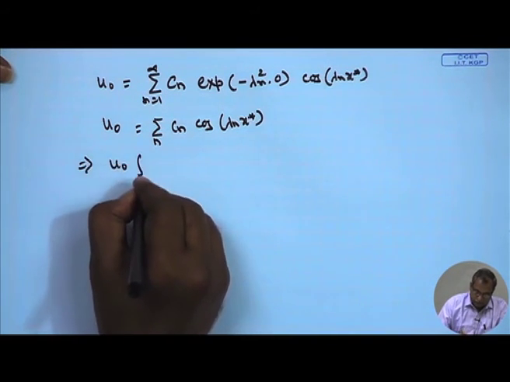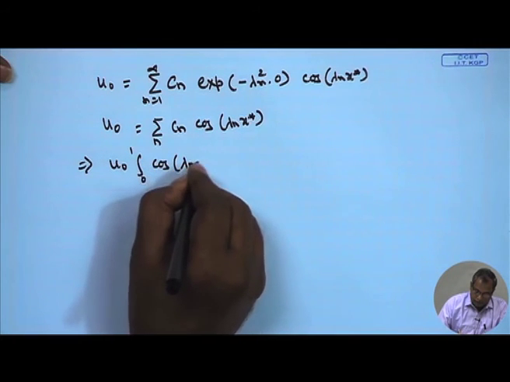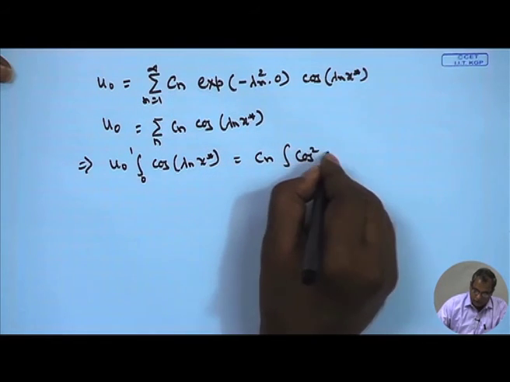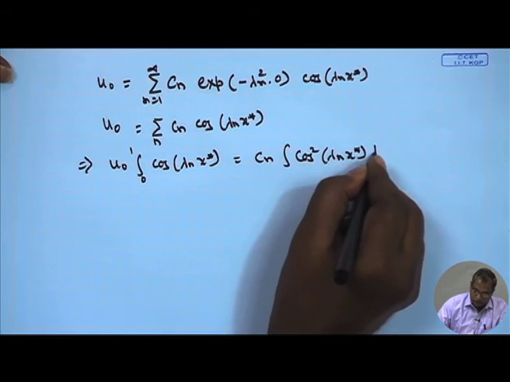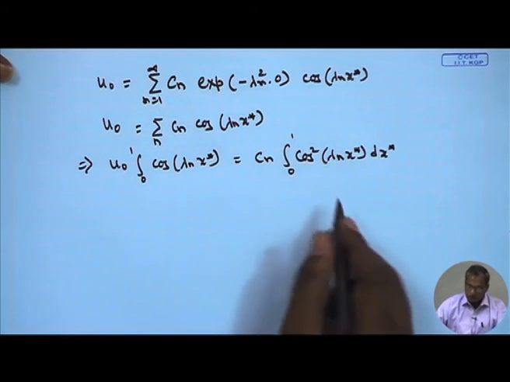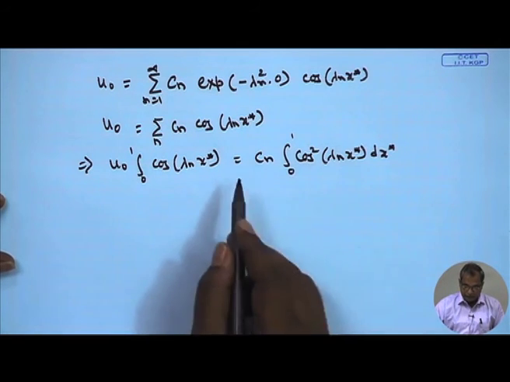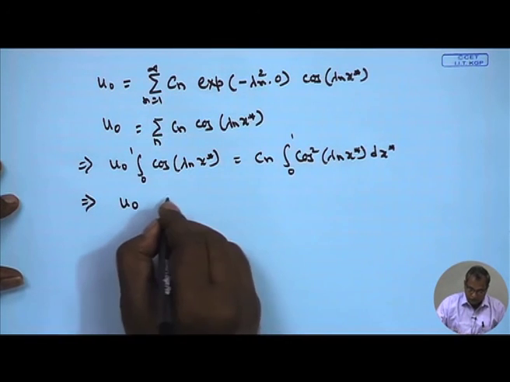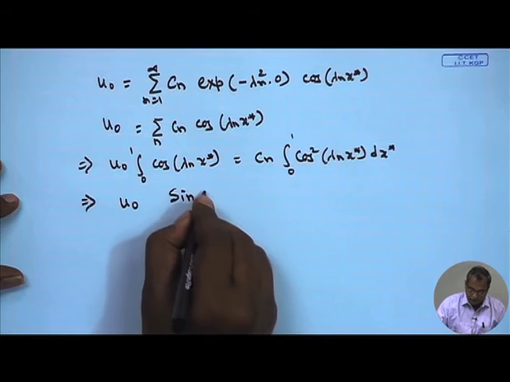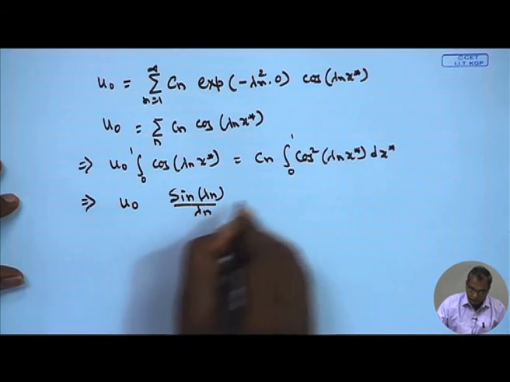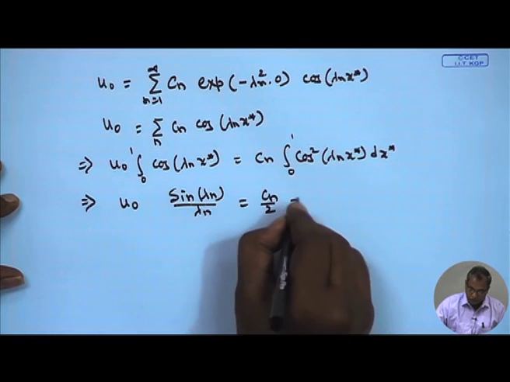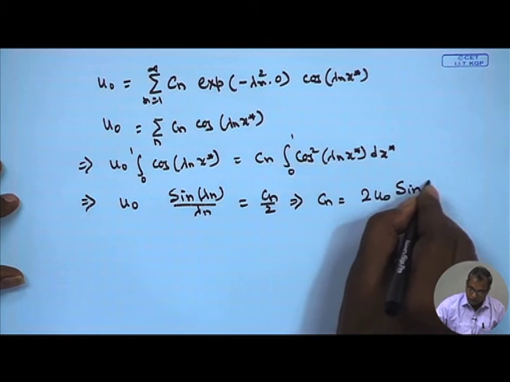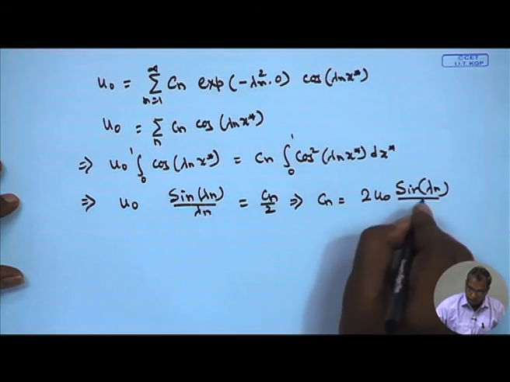So, it will be u naught integral 0 to 1 cosine lambda n x star is equal to c n integral 0 to 1 cosine square lambda n x star dx star. Only one term will survive if you open up the summation series utilizing the orthogonal property. So, this will be sine lambda n divided by lambda n is equal to c n by 2, and we will be having c n is equal to 2 u naught sine lambda n divided by lambda n.